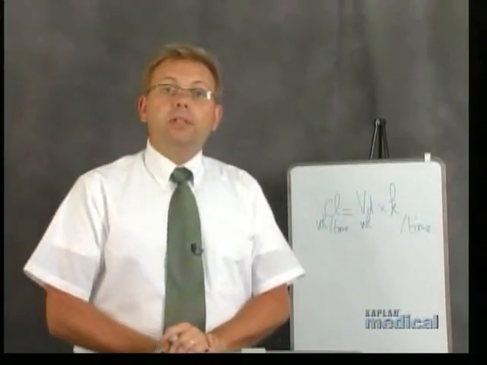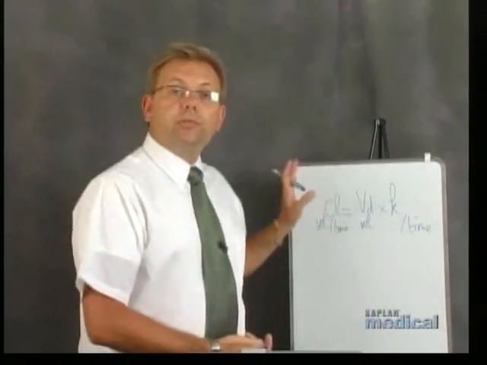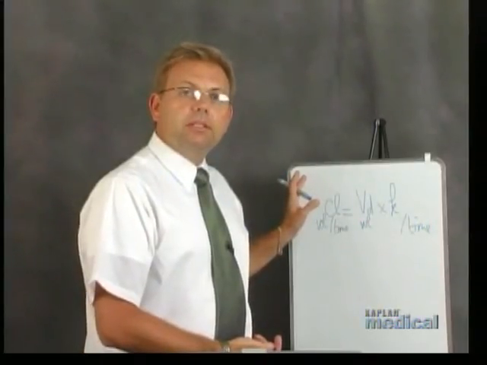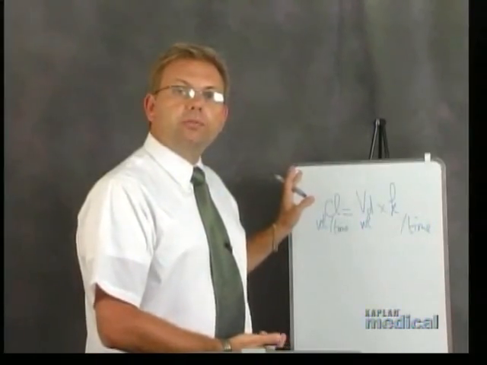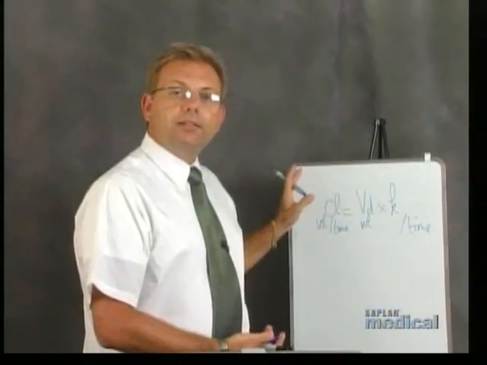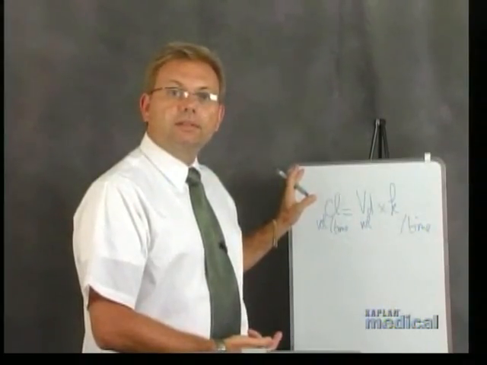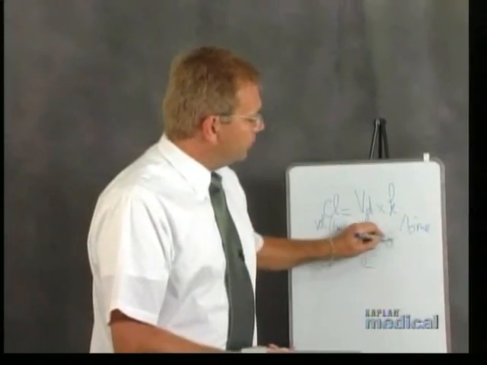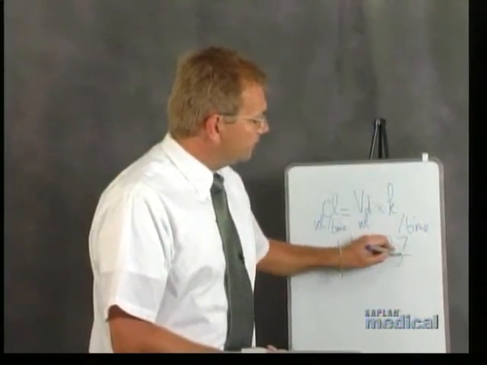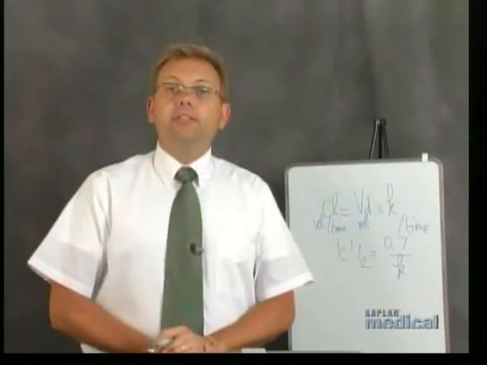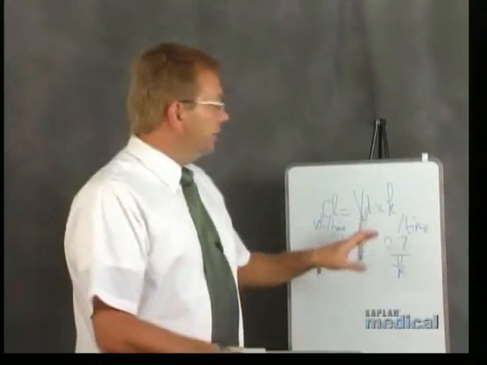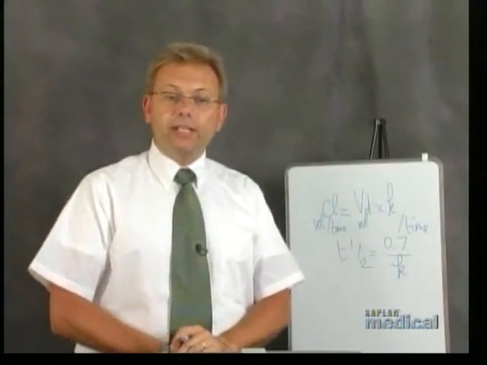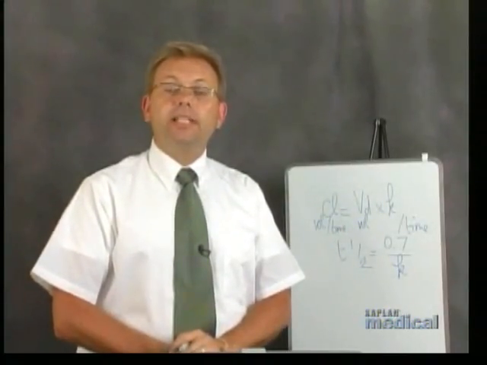So in turn, could you tell me what the relationship between clearance and half-life is? You remember half-life is 0.7 over K. Half-life is inversely related to K. If K is directly related to clearance, in turn, clearance and half-life must be inversely related.